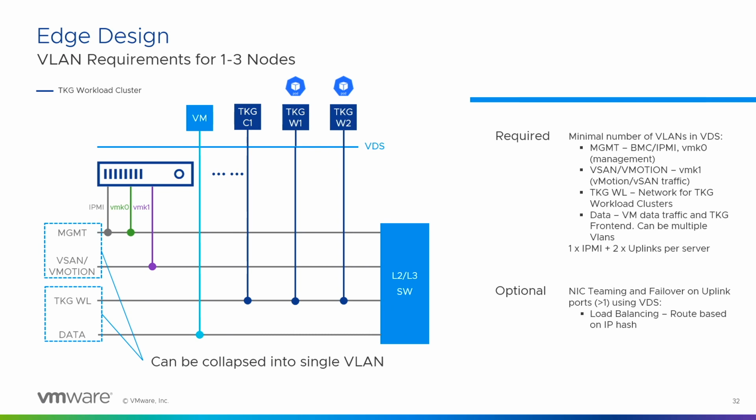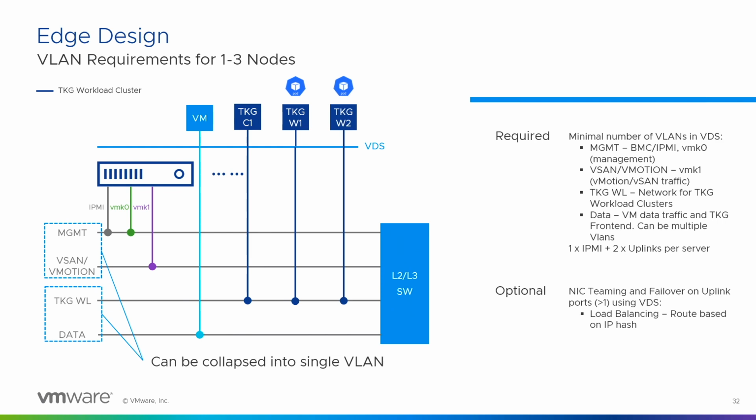Similarly, this is for an edge site. So the management, depending on how many apps and how much workload there is at that particular edge site, maybe you don't need to segregate those VLANs. You can consolidate the management and, let's say, the vSAN and vMotion in one.